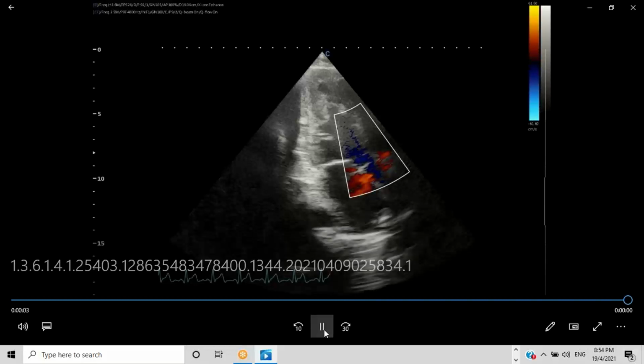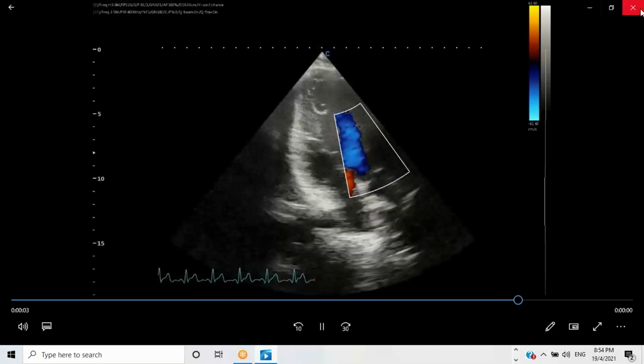And you're looking for regurgitation, so you have to look carefully at the color.